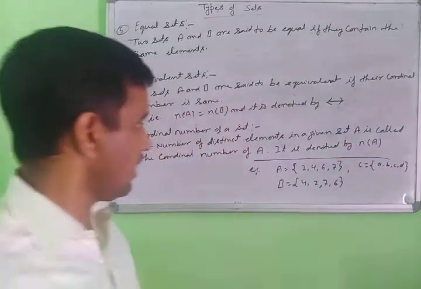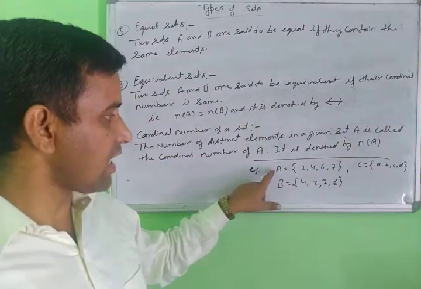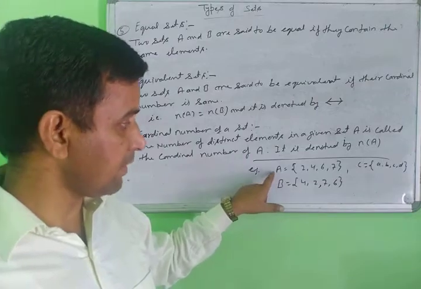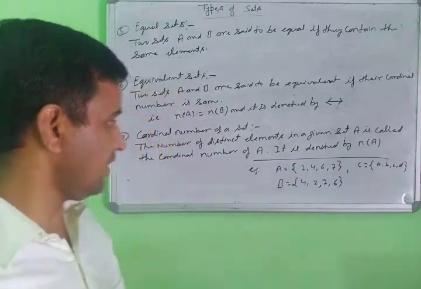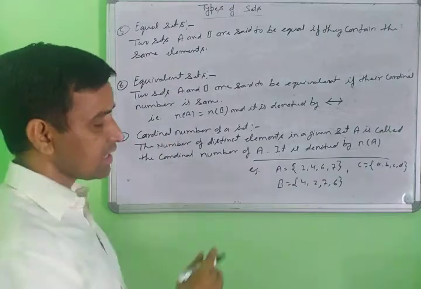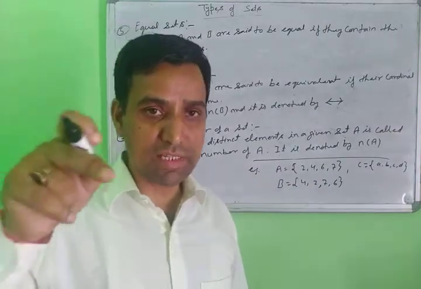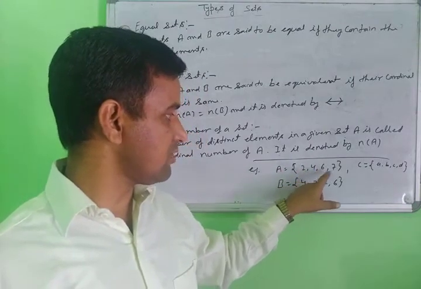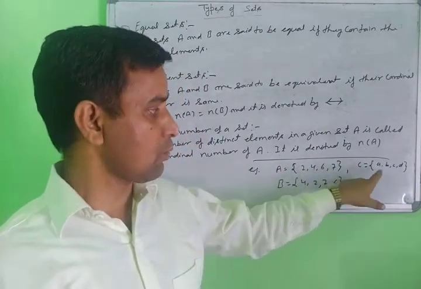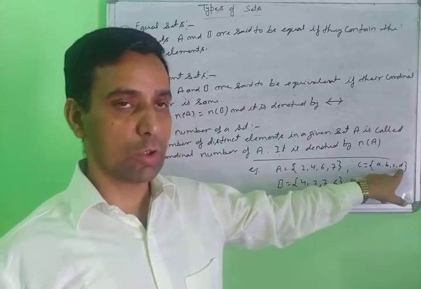Now look here. A and B are equal sets, but the cardinal number of A means the number of elements in this set. Here the number of elements in set A is 1, 2, 3, 4, and 1, 2, 3, 4 elements in this set also.